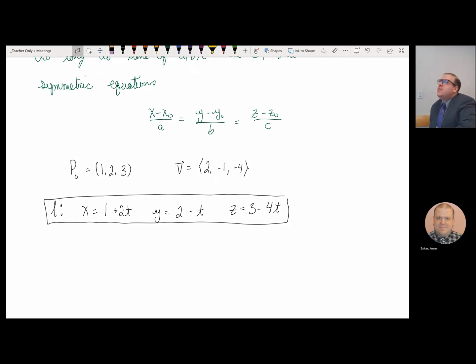You could find a parameter t that satisfies the x, y, and z coordinates simultaneously. Or we can look at the symmetric equation.